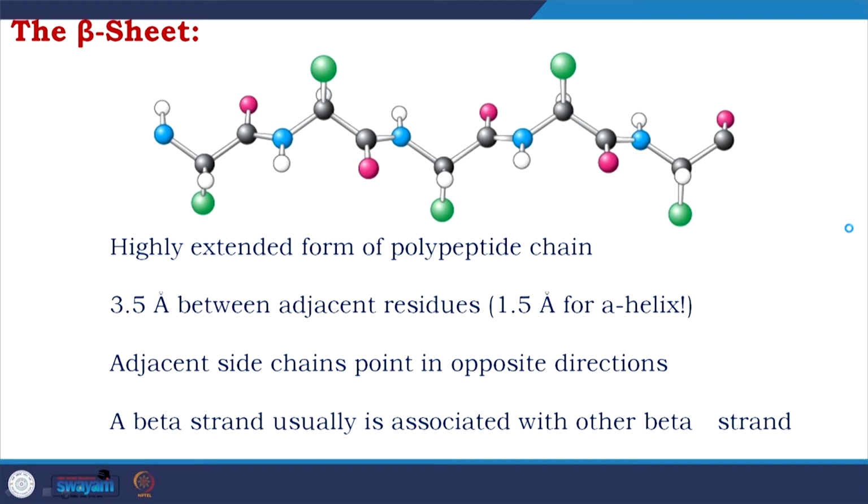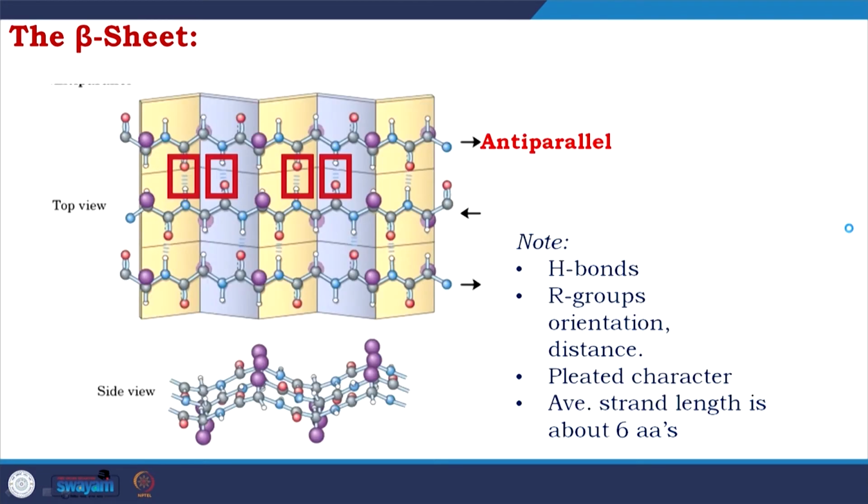A beta strand usually is associated with other beta strands. When they are anti-parallel, they form a structure like that. They are stabilized by their hydrogen bonds, which are head to head. Generally, the R group orientation maintains a certain distance, it has a pleated character, and the average strand length is about 6 amino acids.